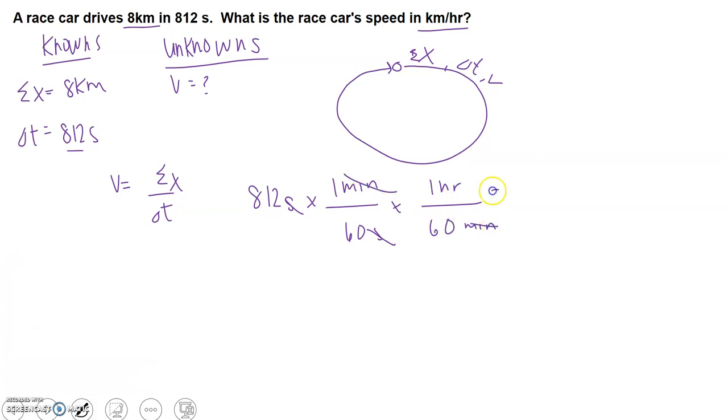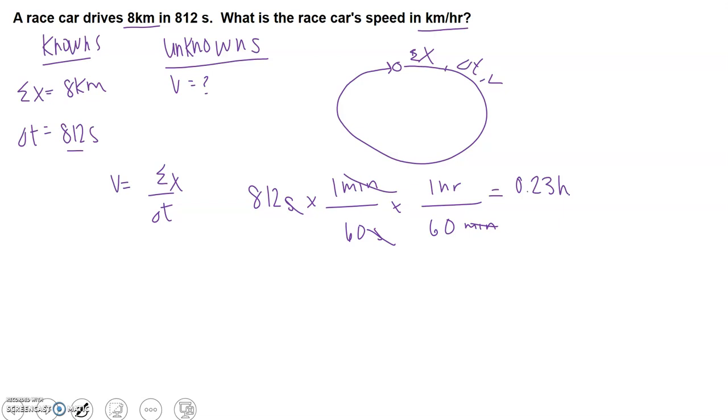And those minutes will cancel. That leaves us with 0.23 hours. So in our problems, we're not too worried about sig figs, but use an appropriate amount of decimal points, which will usually be 2.